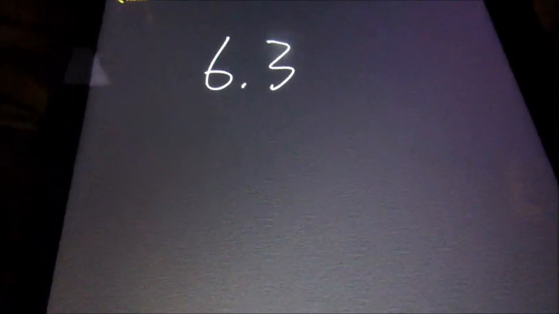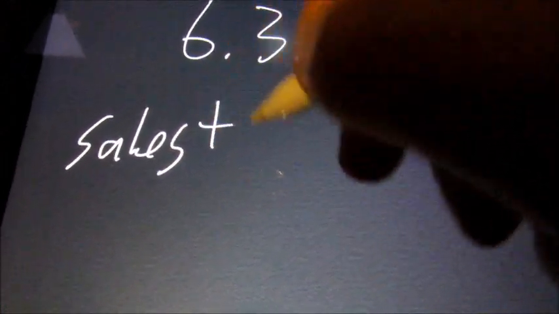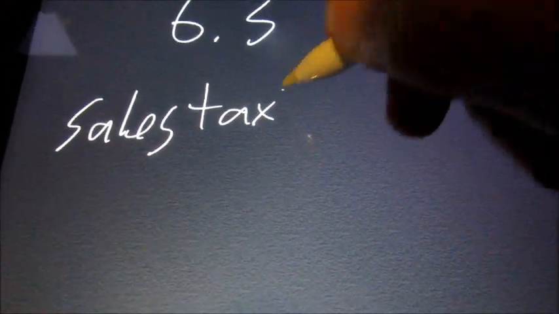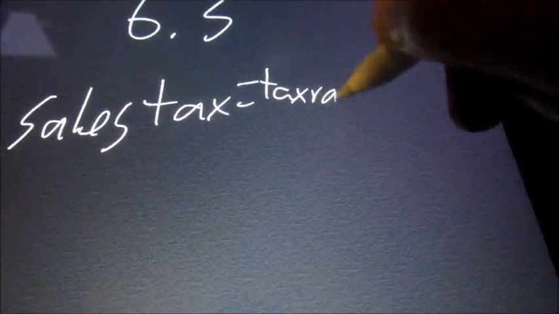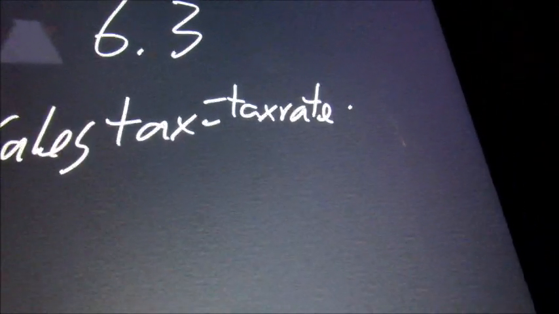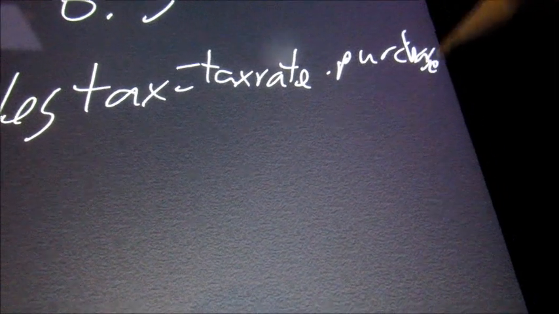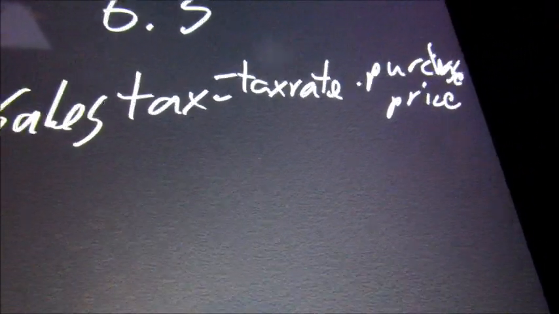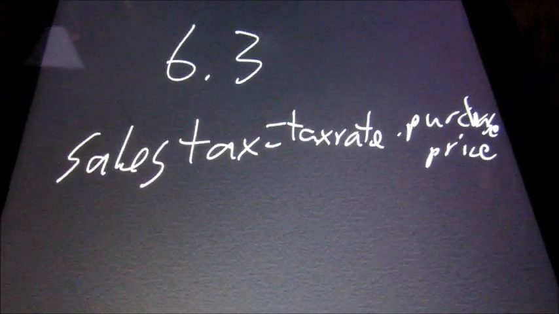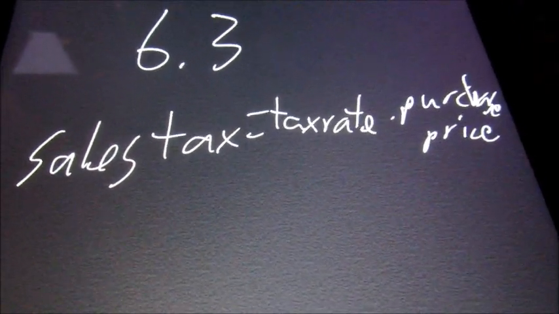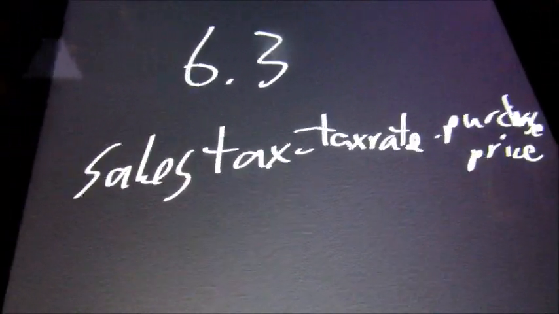So the formulas that you need to know are: sales tax equals the tax rate times the purchase price. The tax rate is a percentage, so always use whatever that number is over 100.